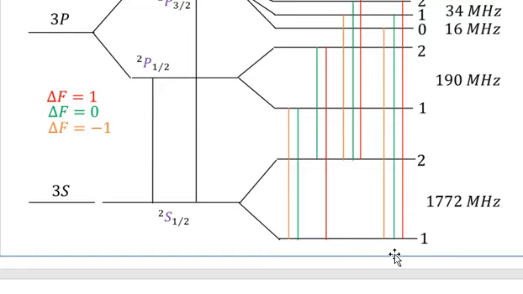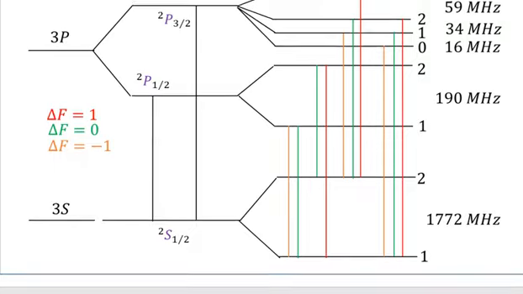So I have two levels with the total quantum number F equal to 2 and 1, and the separation measured between these two levels is 1772 megahertz. This is the splitting between level number 1 and level number 2 in terms of megahertz.